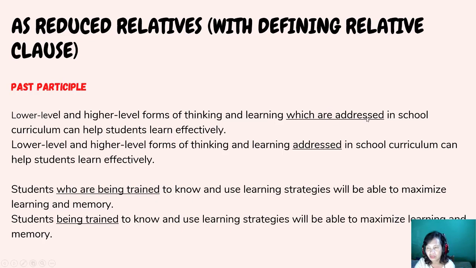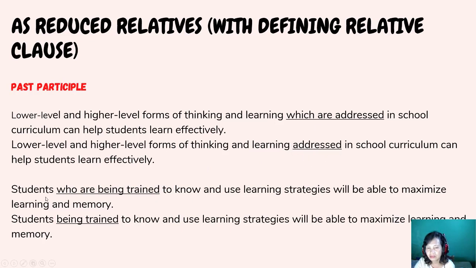Which are addressed, so this is to be and verb 3, so the same thing. The same way, you have to omit the which and also the to be. So addressed, you just have addressed here. Lower level and higher level forms of thinking and learning addressed in school curriculum can help students learn effectively.